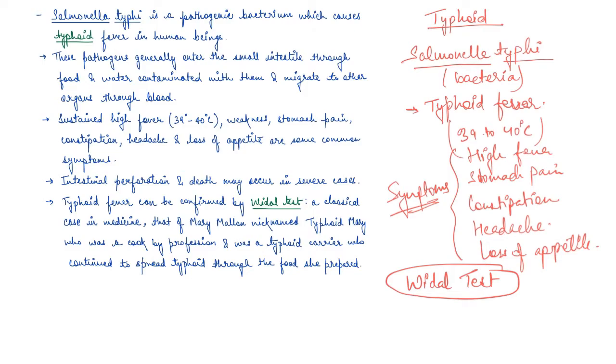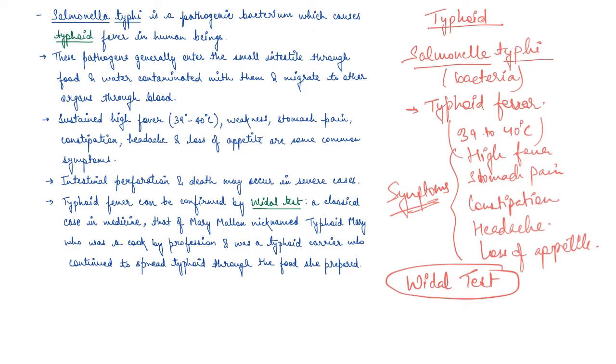Basically there is a classic case in medicine which is of Mary Mallon, right? And this patient was named as Typhoid Mary. She was a cook by profession and she was a typhoid carrier, and she continued to spread typhoid for several years through the food that she prepared, right?